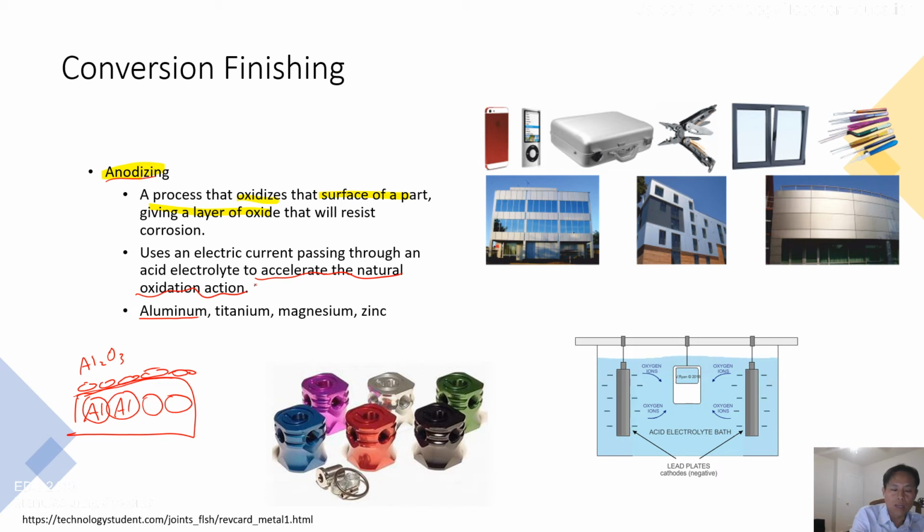Most aluminum, titanium, magnesium, and zinc products are anodized. This is an example of this cell phone. This cell phone is made of titanium or aluminum, but we want to protect this product more.